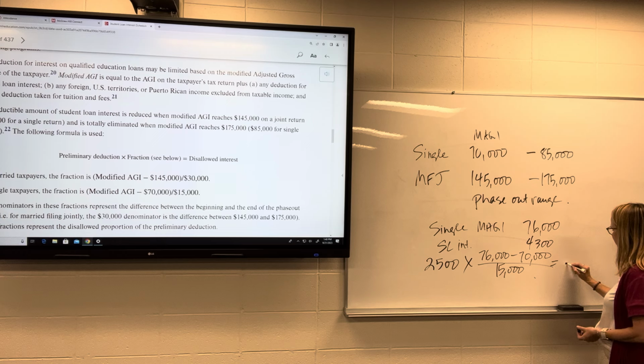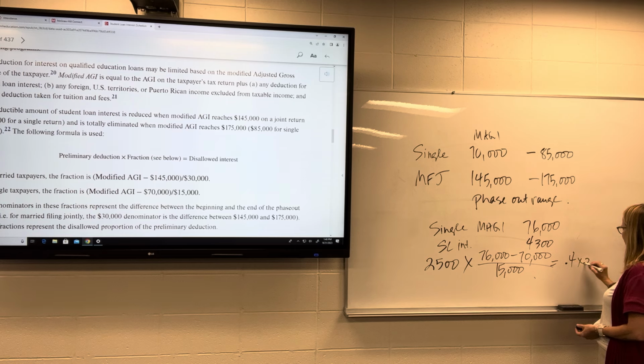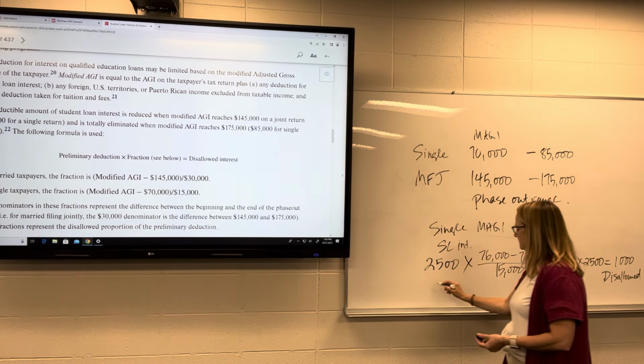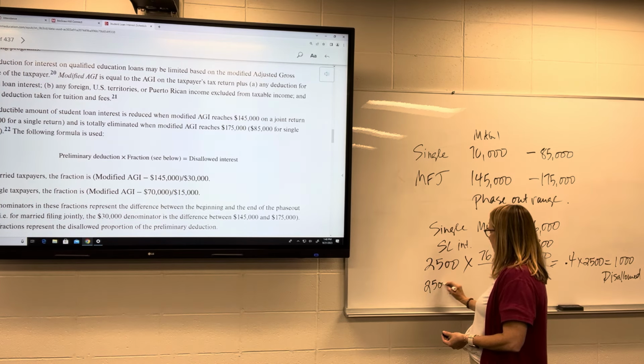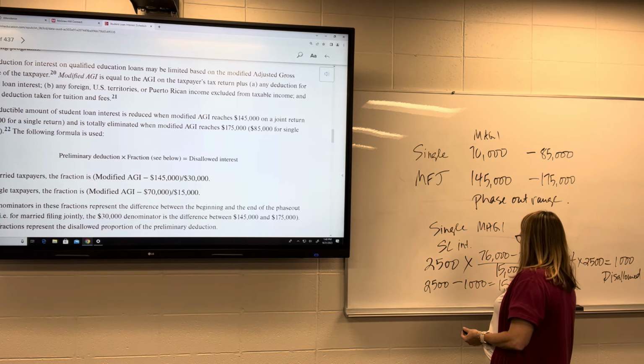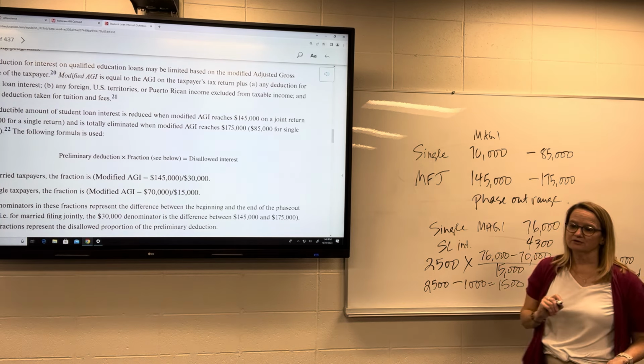So this is 0.4, right? That's the proportion. Okay, so 0.4 times 2,500 is the amount disallowed. So the last part is we have to take our preliminary amount minus the disallowed amount. They can take a $1,500 deduction.